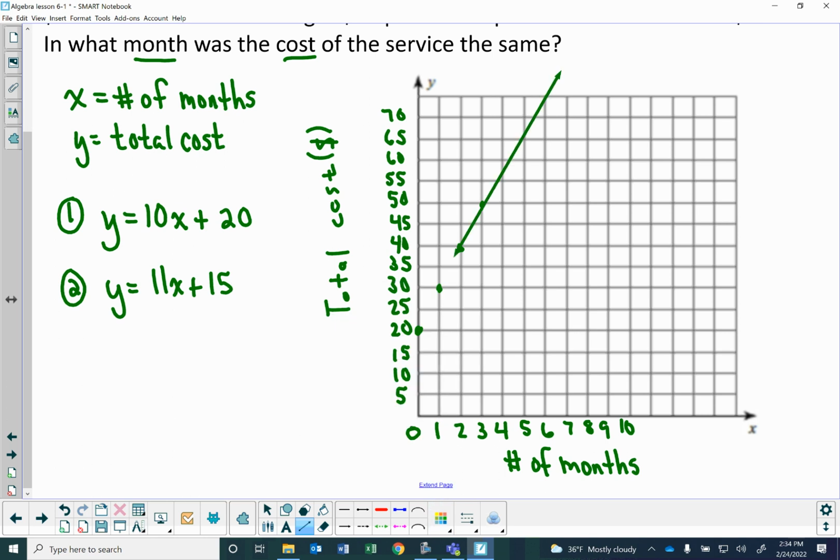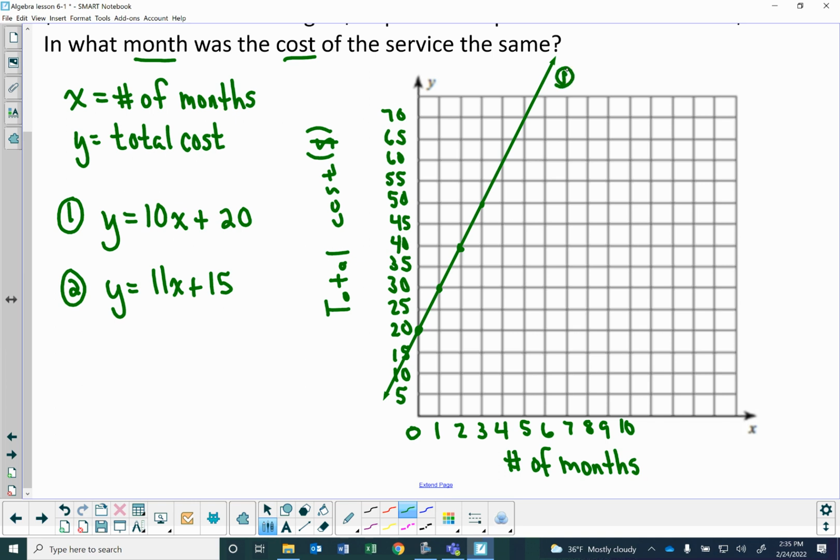So if I graph that, there we go. Make sure that that's on my points. Yep, there we go. That's equation number 1. I'm going to label that nice and neatly.